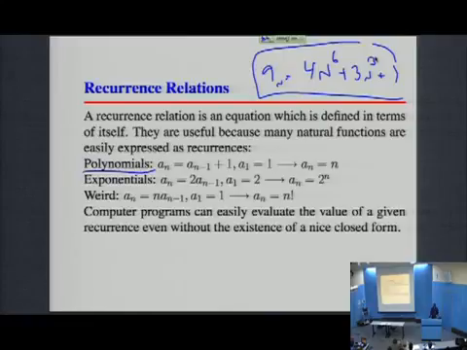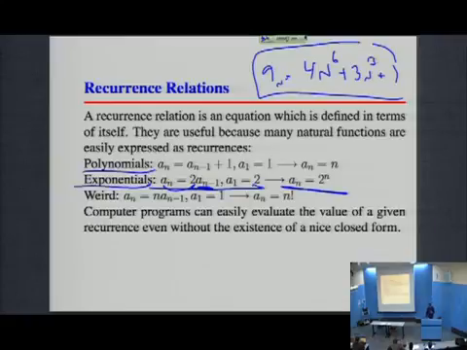Any exponential function, like a_n = 2^n, can be naturally defined by a recurrence relation. Look at it: each term is twice the previous term. If you start out with 2, twice 2 is 4, twice 4 is 8, 16, 32, 64, and so on. So you can encode exponentials with recurrence relations.